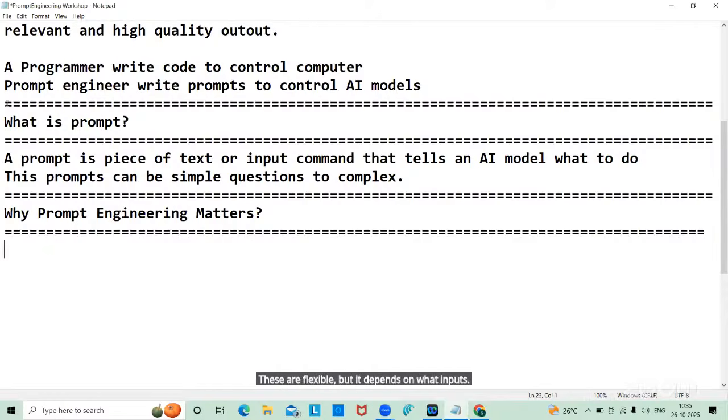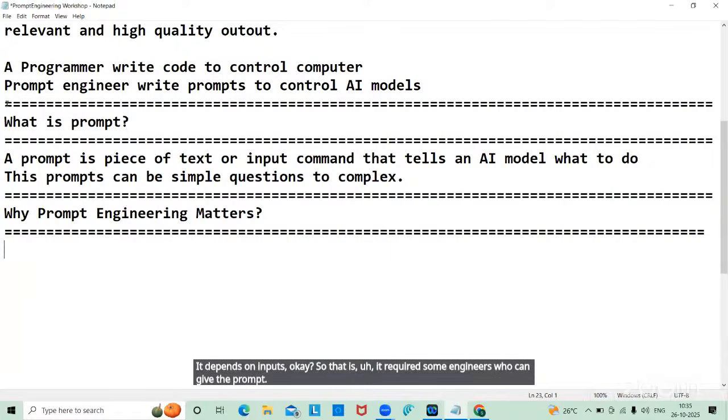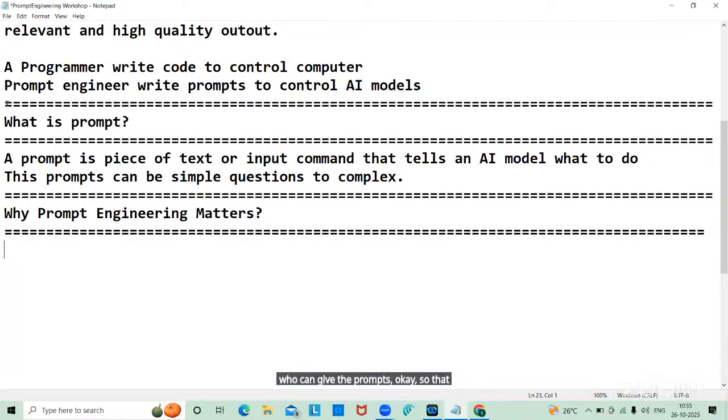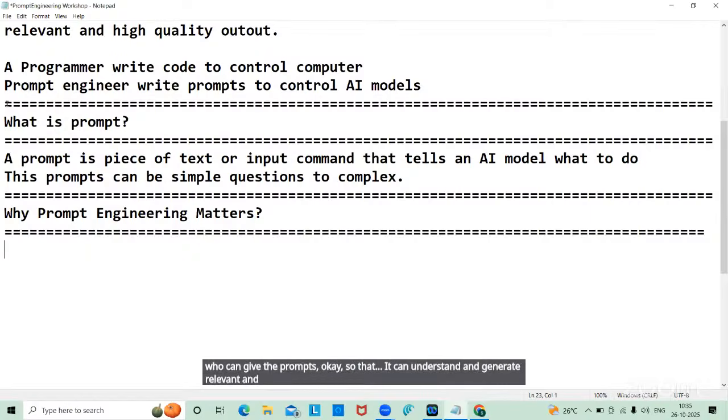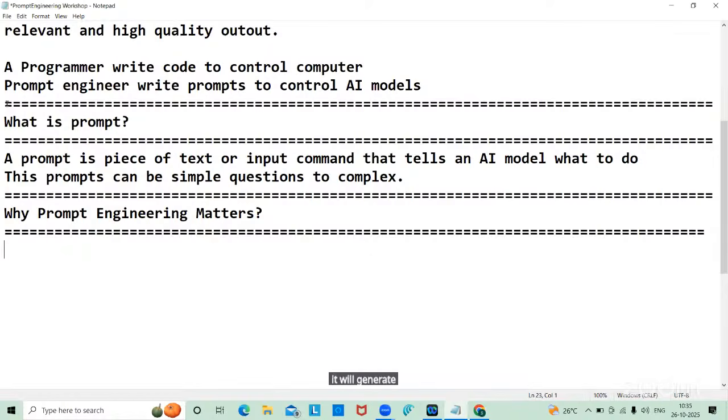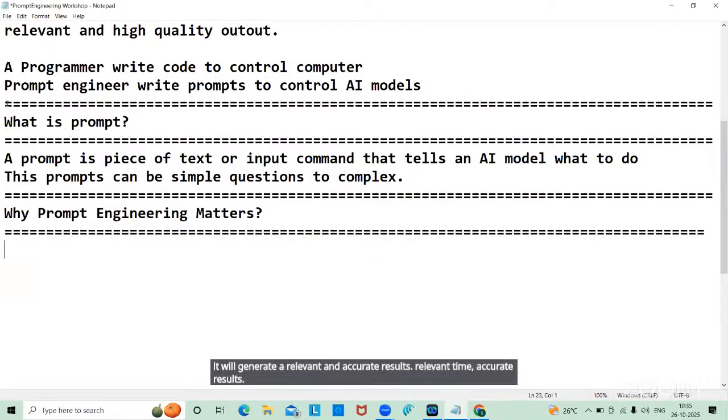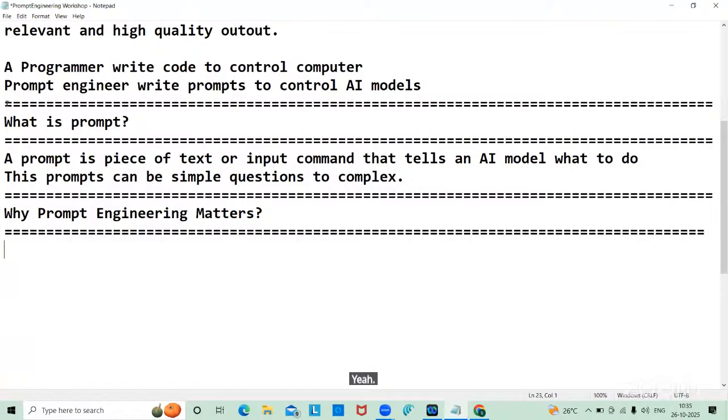It requires engineers who can give the prompts, so that it can understand and generate relevant and accurate results. Relevant and accurate results.